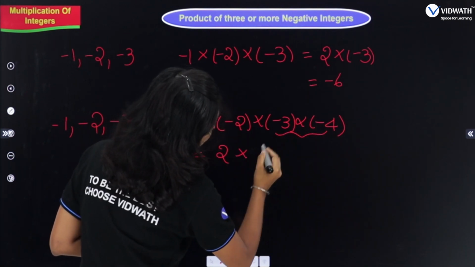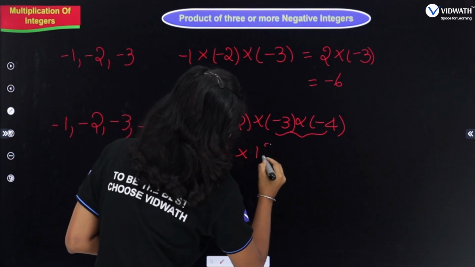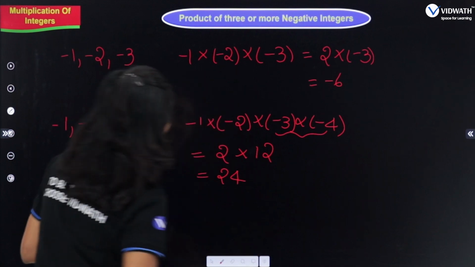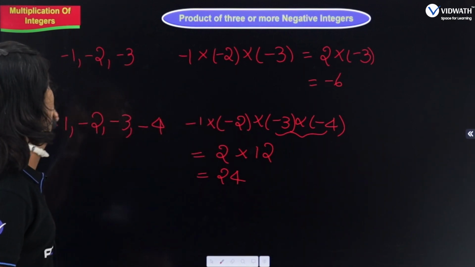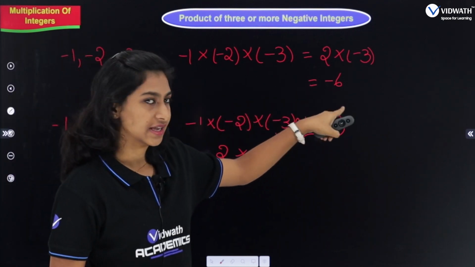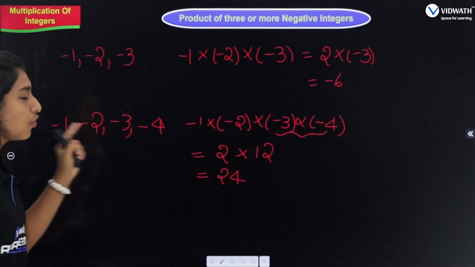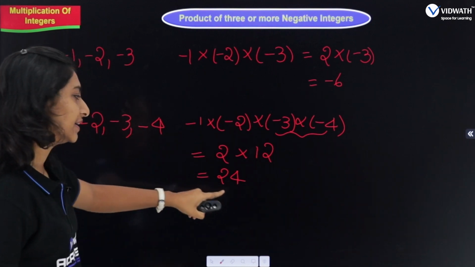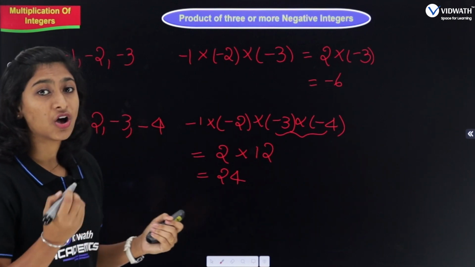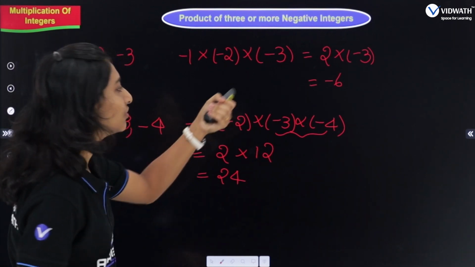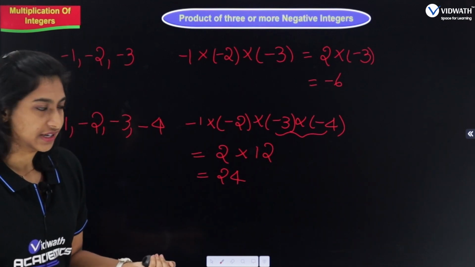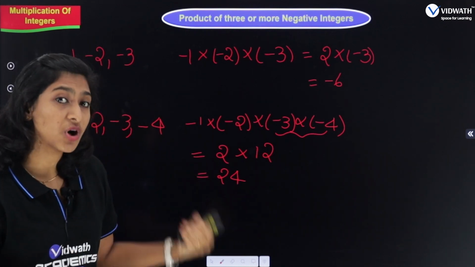Minus into minus is plus, 3 into 4 is 12. 12 twos are 24. So, we can observe that if you multiply 3 negative integers, we get the result in negative. And if you multiply 4 negative integers, we get the result in positive. So, I can say that if you multiply an odd number of negative integers, the result will be a negative integer. And if you multiply an even number of negative integers, we get the result in positive.